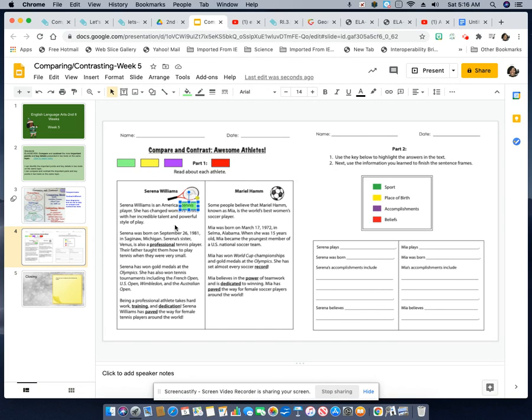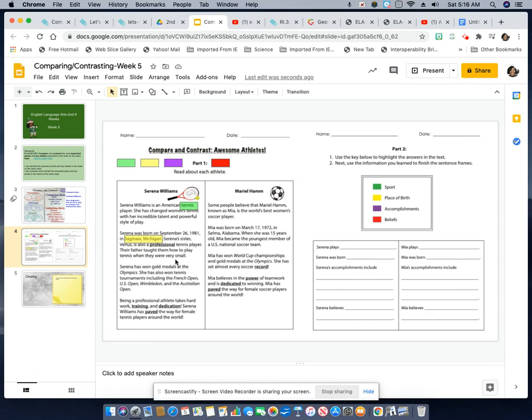Okay, let's read the next paragraph. Serena was born on September 26, 1981 in Saginaw, Michigan. Place of birth, we're going to use yellow. She was born in Saginaw, Michigan, right here. So we're going to highlight that. We're going to drag that text box out so we can highlight the place of birth, just like that.